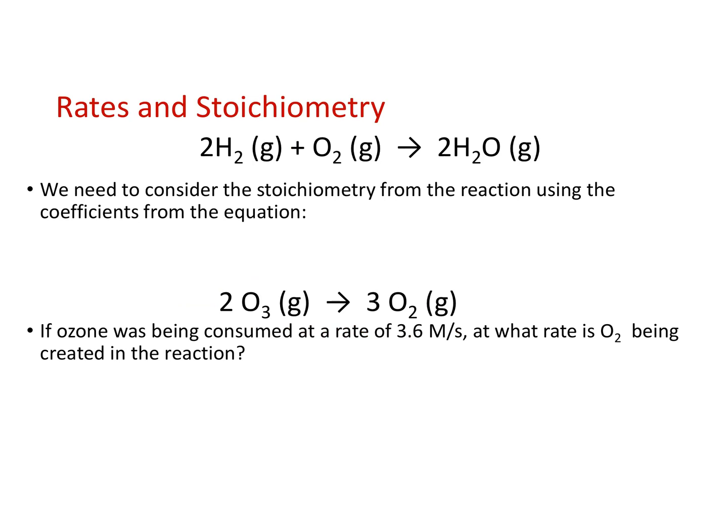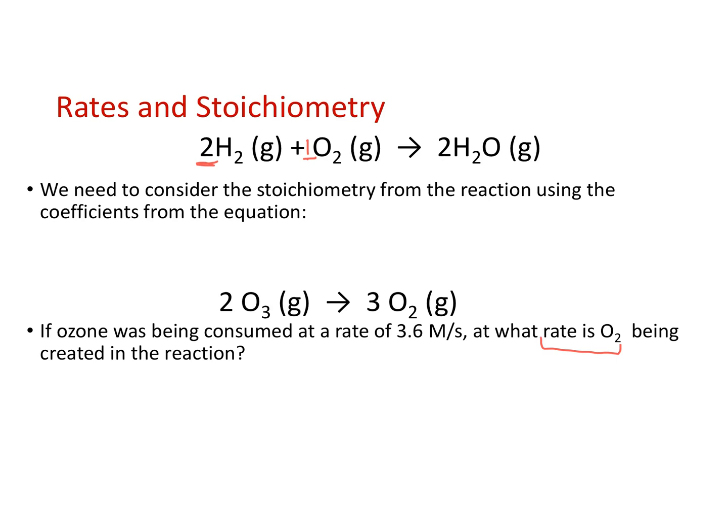So here's one more example where our coefficients are a little bit different: the breakdown of ozone. 2 molecules of ozone, when they break down, lead to 3 molecules of oxygen. Let's say ozone is being consumed at a rate of 3.6 molar per second. What rate is oxygen being produced? Remember how we use the coefficients from the balanced chemical equation to help us relate those rates.